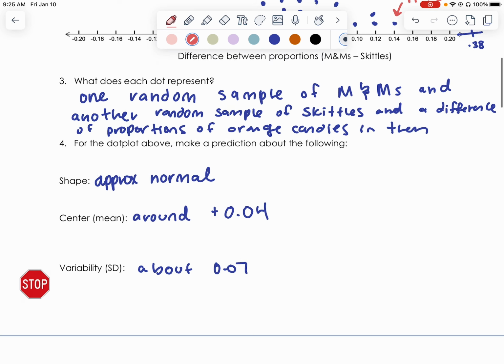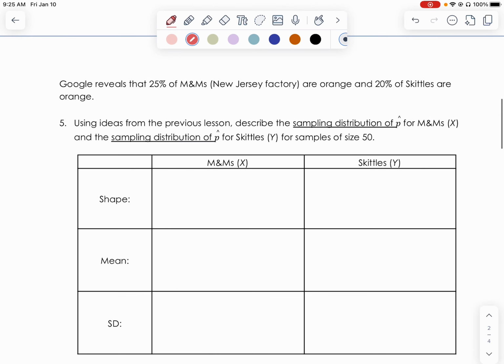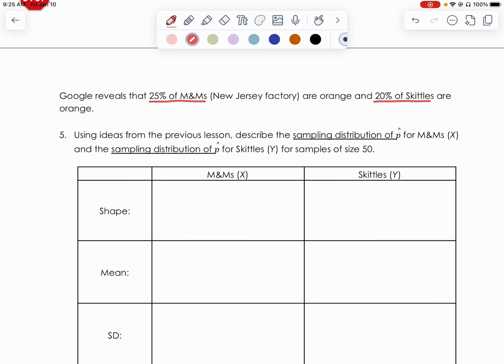All right, now on the second page, we have some new information, and that is that Google reveals that 25% of M&Ms are orange and 20% of Skittles are orange. So I'm going to label each of these values. 25% of M&Ms are orange, that's telling me P, not P hat, it's not the sample, it is the true population proportion of orange candies.